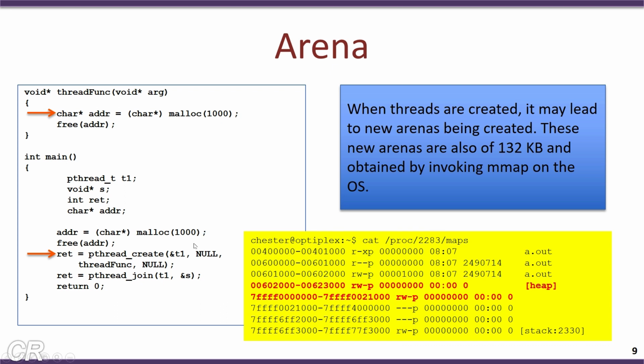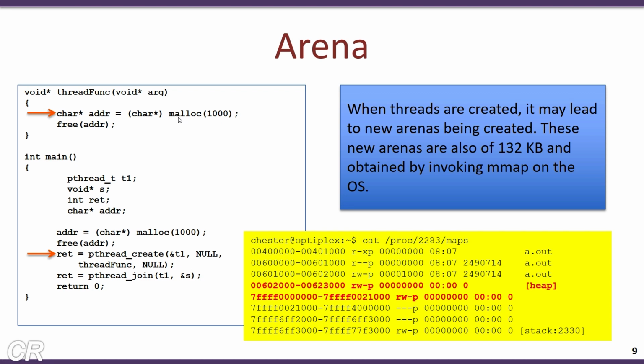As we know, when you invoke pthread_create, it results in a new thread getting created, which is present here. Now in this child thread, we malloc another 1000 bytes. It would be surprising for you to know that when you malloc this 1000 bytes, ptmalloc results in a new chunk of memory getting allocated.